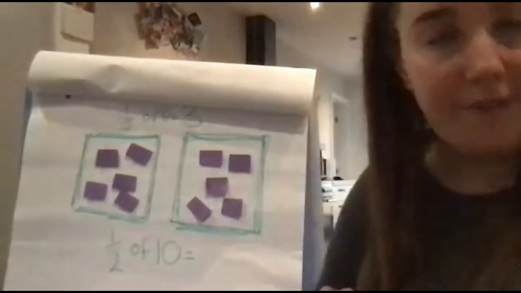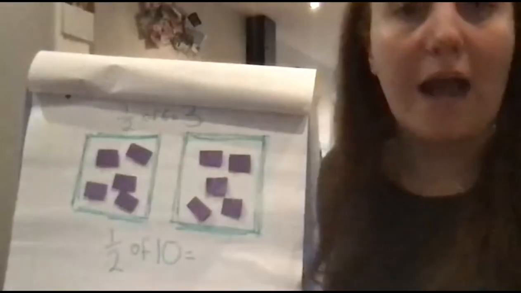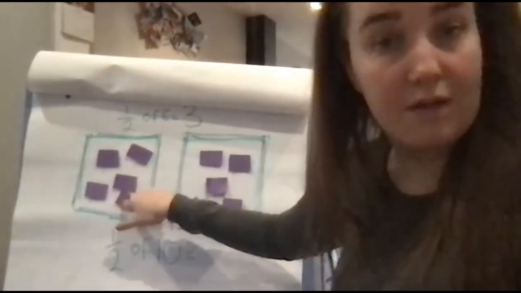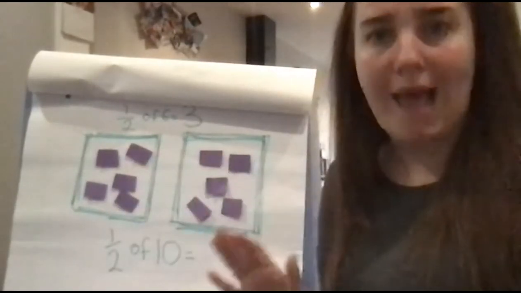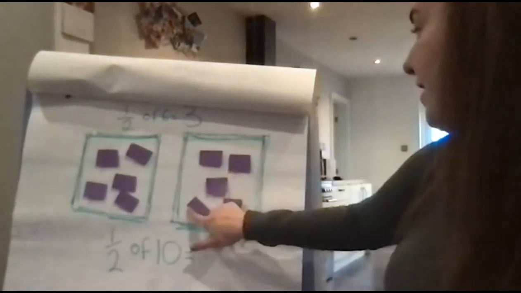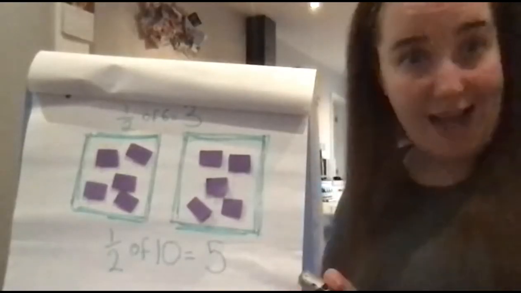So they've got half each. Half of those 10 sweets, they've got half each. So let's check how many James has. 1, 2, 3, 4, 5. So half of 10 must be 5, but let me check because I better be right. 1, 2, 3, 4, 5. Yeah, so half of 10 is definitely 5.